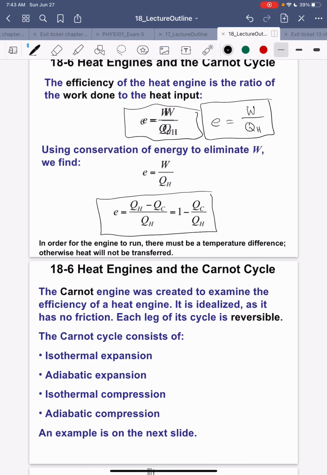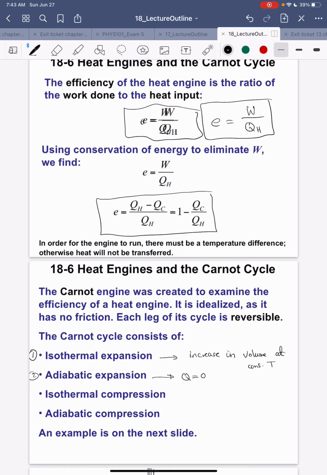Now, the Carnot cycle consists of first isothermal expansion, which means an increase in volume at constant temperature, and then adiabatic expansion, which means without any Q leaving or entering the system.